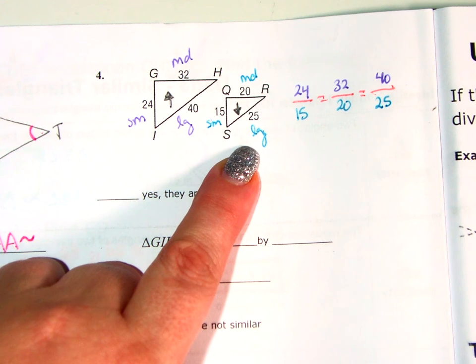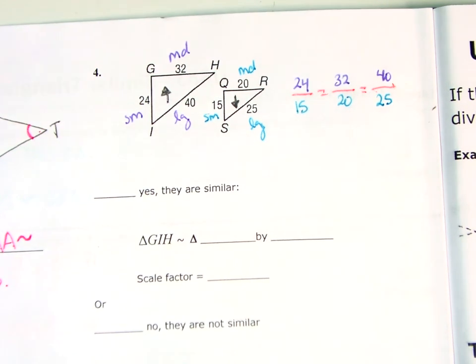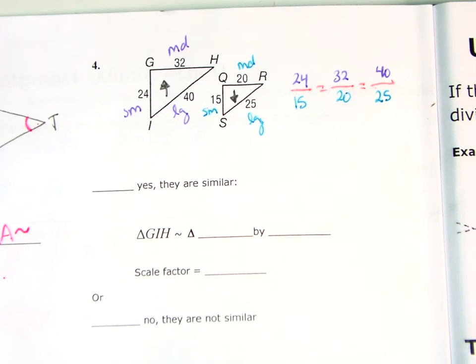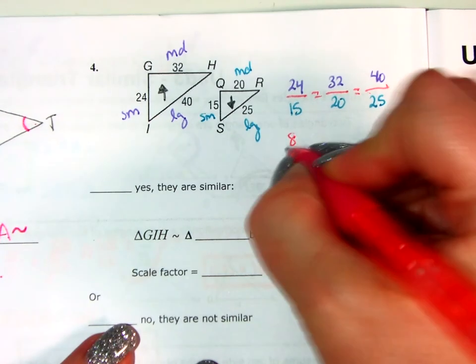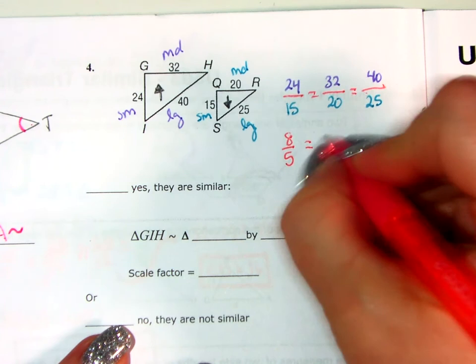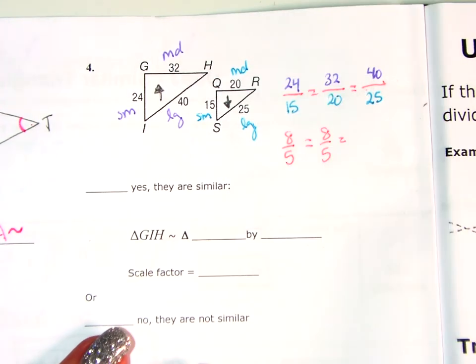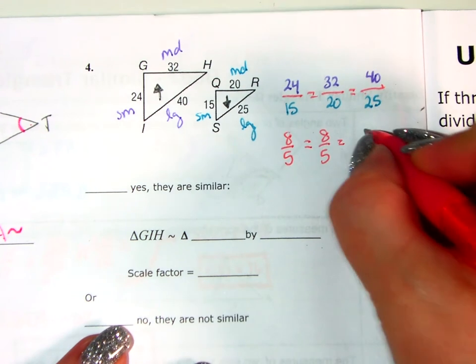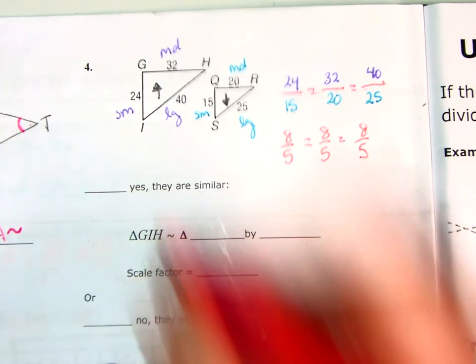And then I just need to reduce those fractions and see, do they reduce to the same thing? 24 over 15, 8/5. 32 over 20, 8/5. So far, so good. And 40 over 25, 8/5. Are they similar? Yes.